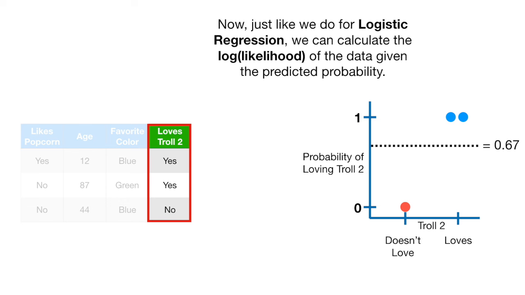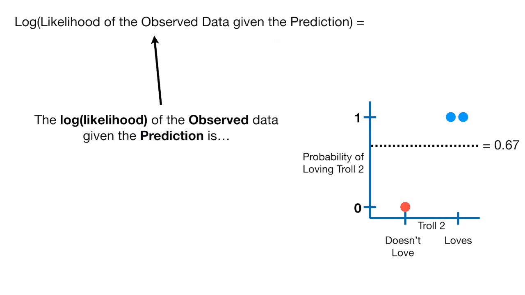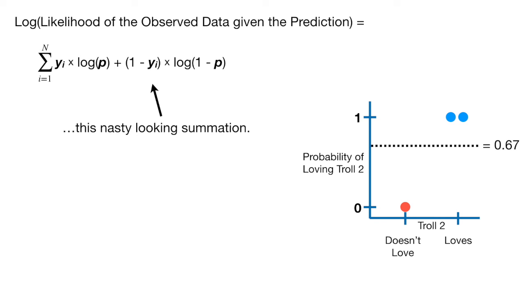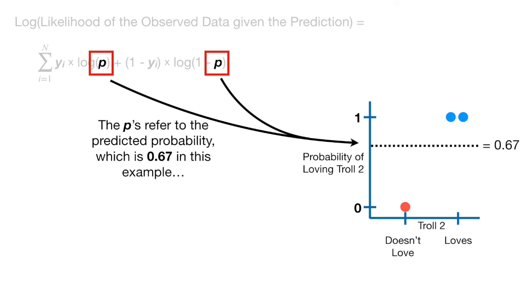Now, just like we do for logistic regression, we can calculate the log likelihood of the data given the predicted probability. The log likelihood of the observed data given the prediction is this nasty-looking summation. The p's refer to the predicted probability, which is 0.67 in this example.